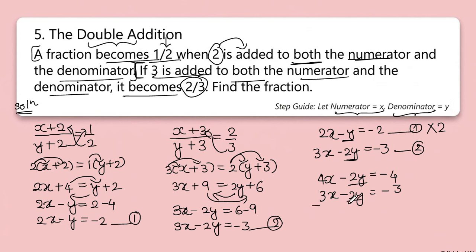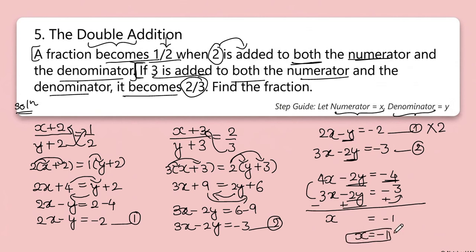So this will become minus, plus, and this becomes plus. It is minus, so it is plus. So 4x minus 3x, which is nothing but x, minus 2y plus 2y will get cancelled, minus 4 and plus 3. Okay, new sign we have to consider. So minus 4 plus 3, which is nothing but minus 1. Okay, so we are getting x is equal to minus 1.